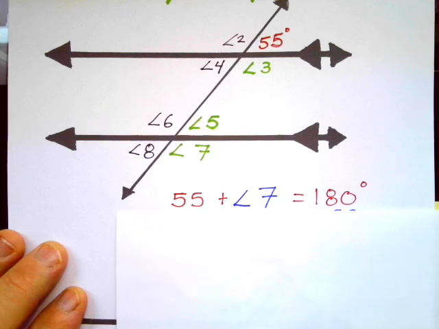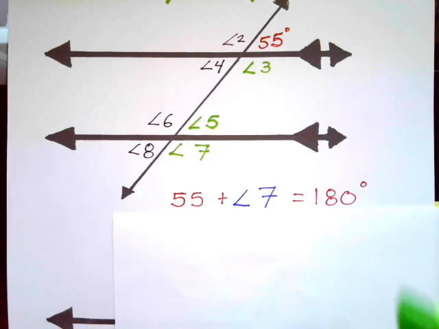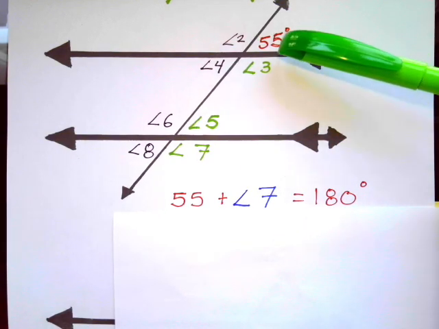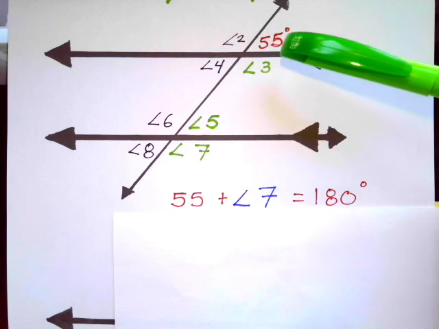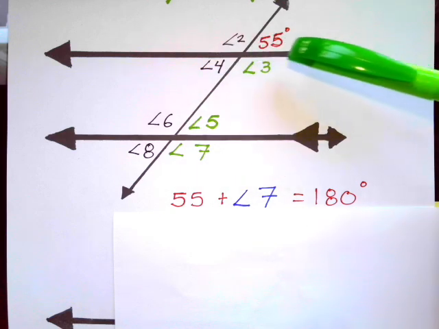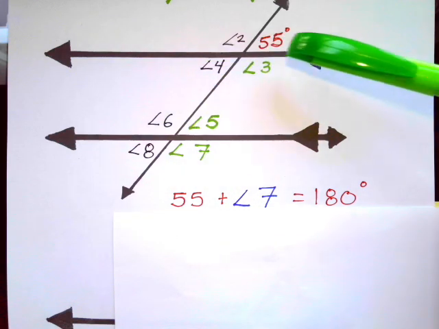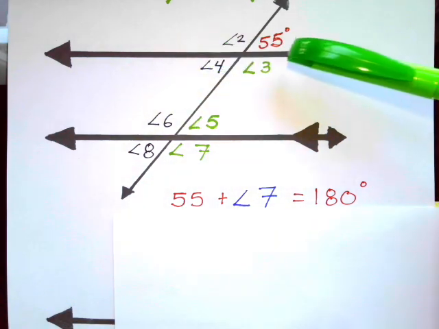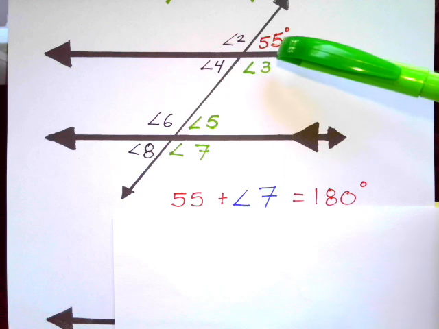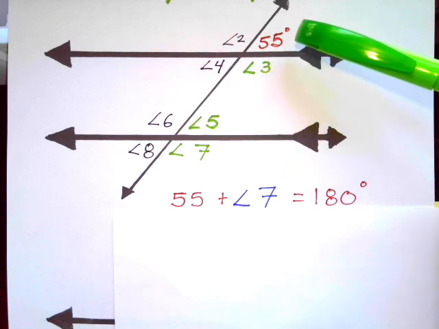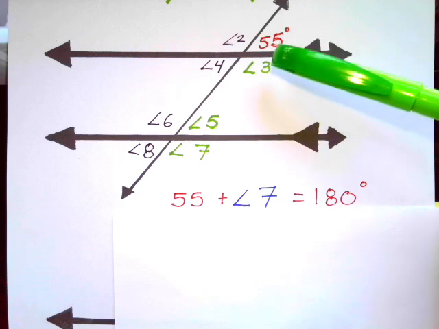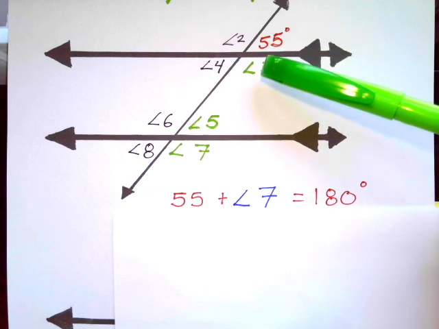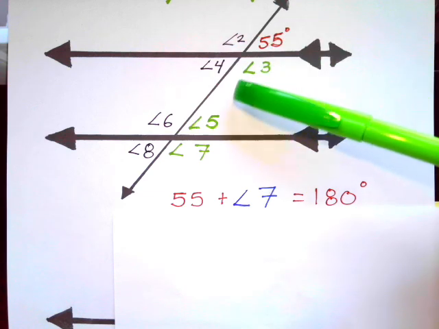All right, so if angle 1 is 55 degrees, and you've been watching my videos, you know angle 1 plus angle 2 is a straight line, and two angles in a straight line add up to 180 degrees. So you'd also know that 55, or angle 1, plus angle 3 would give you 180 degrees.